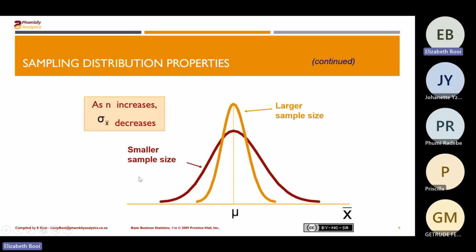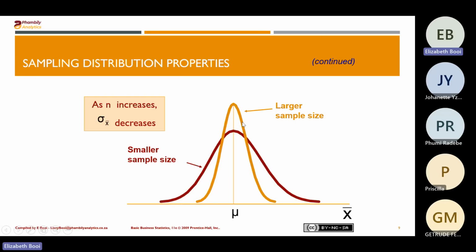If you look at the two graphs here, the red and the orange, the red has a small sample size, and the orange is a normal distribution with a large sample size. As you can see, the distributions of the two are different. The larger the sample size, the smaller the standard error, or the deviation away from the mean.